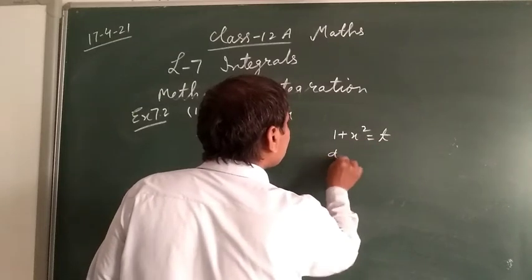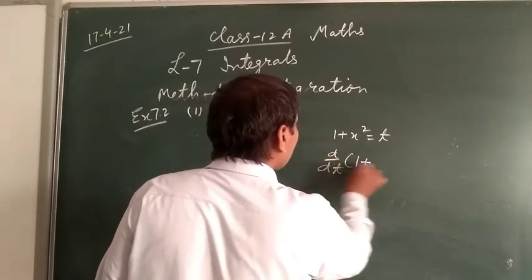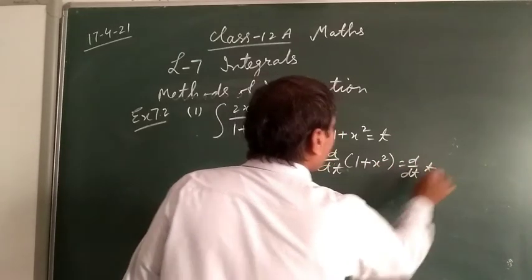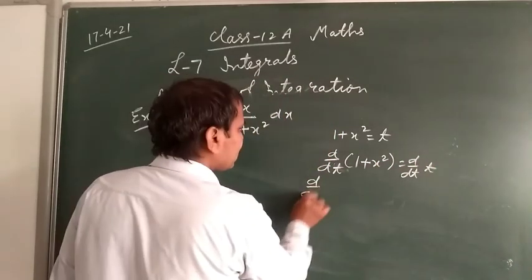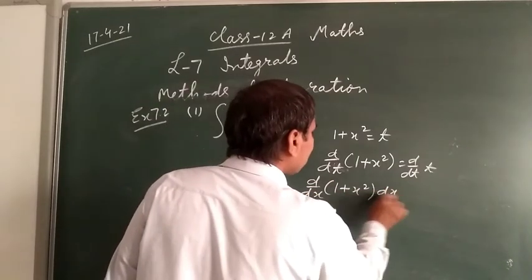So differentiate it. d by dx of 1 plus x square, and dx by dt.